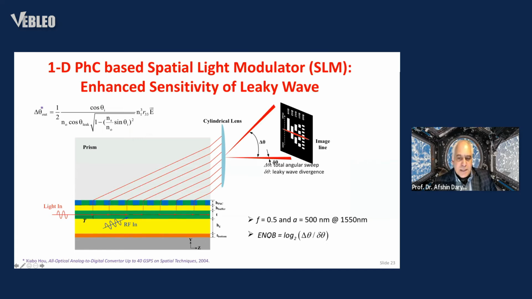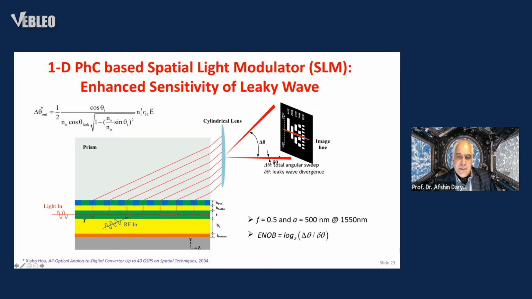And the effective number of bits is going to be given by the total swing of the angle due to the voltage applied to the electrodes of the traveling wave structure, which is going to give us a maximum of a delta theta.